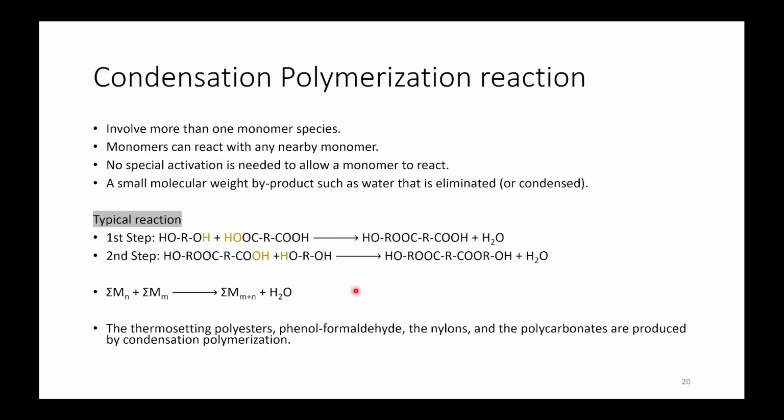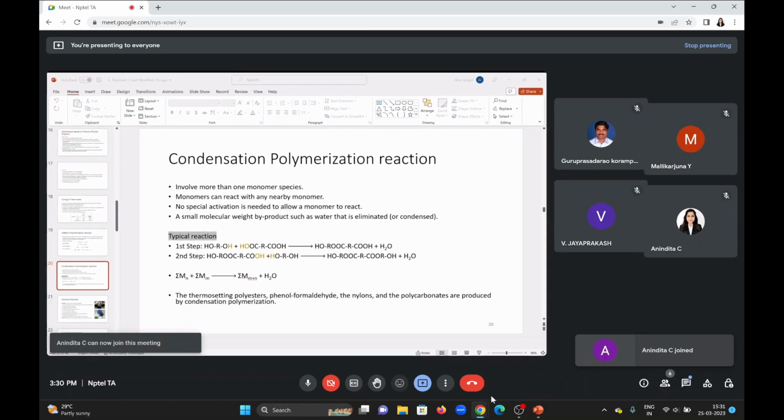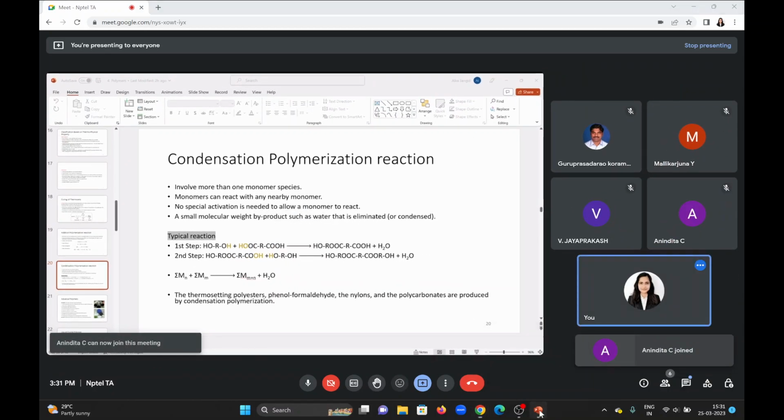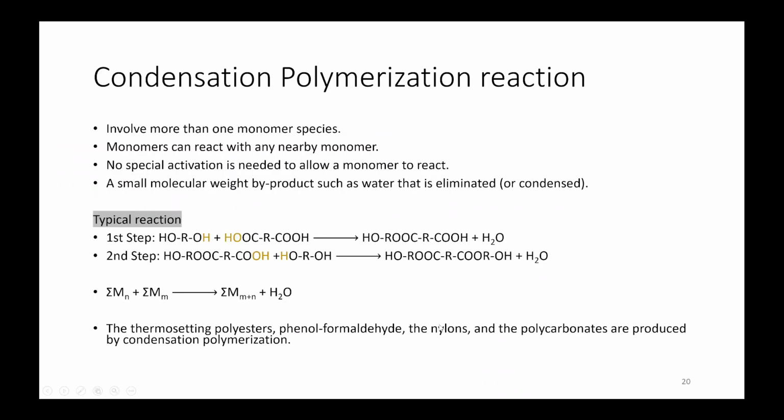In the case of condensation polymerization, it involves more than one monomer species. So there will be more than one type of monomer. Monomers can react with any nearby monomer.